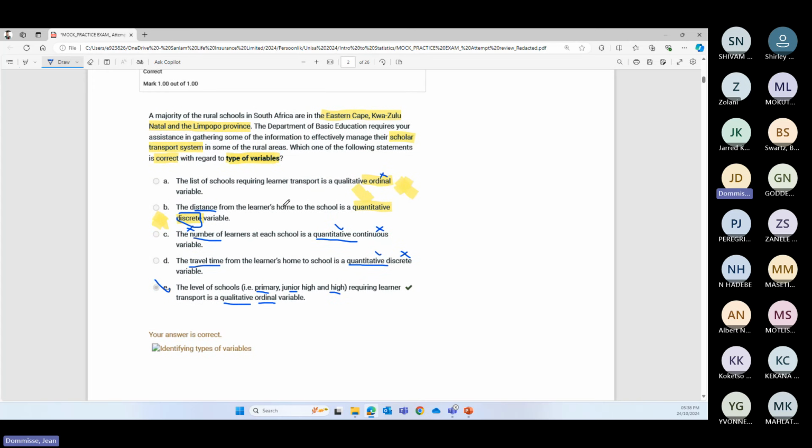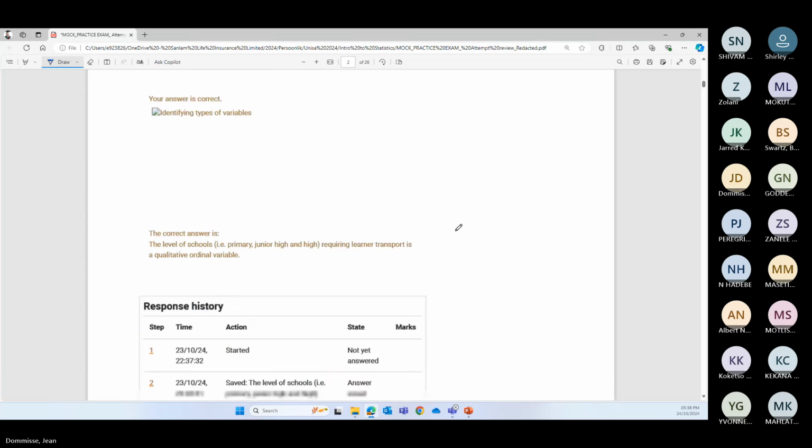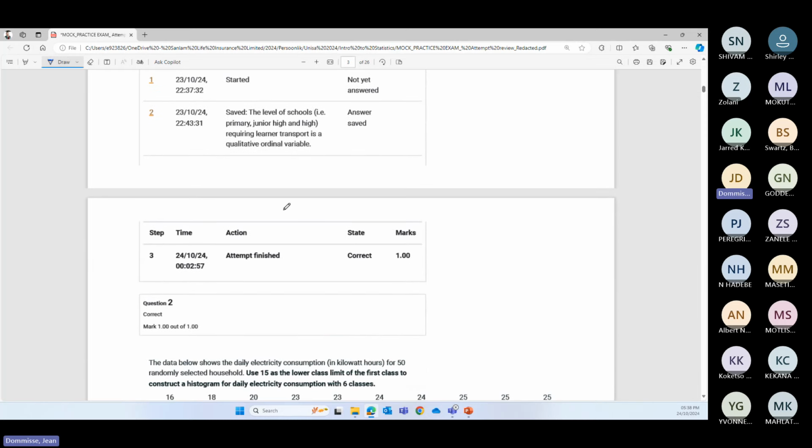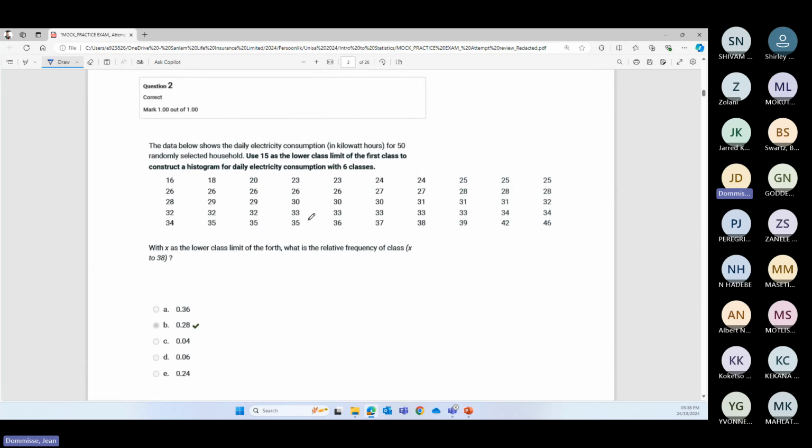So that first one was types of variables, so that is chapter 1. Okay, so that is just part of how it was drawn.